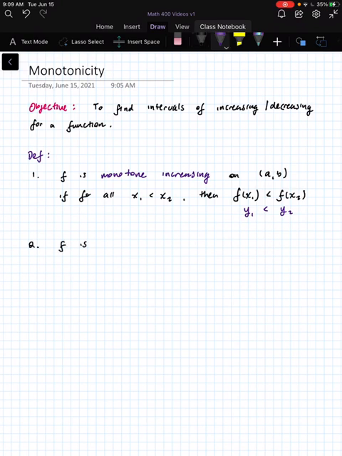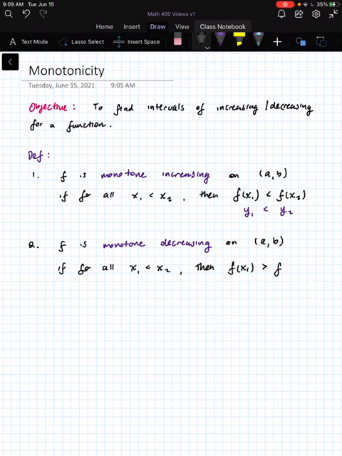Two, f is monotone decreasing, and again, we'll just say decreasing from here on out, on a possibly different interval, if for all x sub 1 less than x sub 2, so numbers in that interval where one is less than the other, then we have the opposite, which is f of x sub 1 is greater than f of x sub 2.